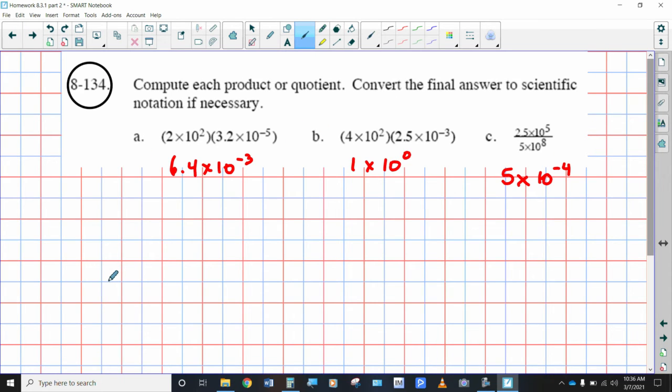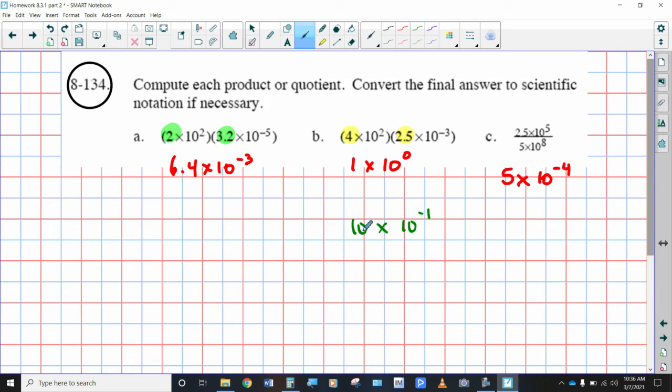All right, scientific notation. Multiply leading factors first, then the powers of 10. In this case, the leading factors ended up giving you an answer that was 10 times 10 to the negative first.